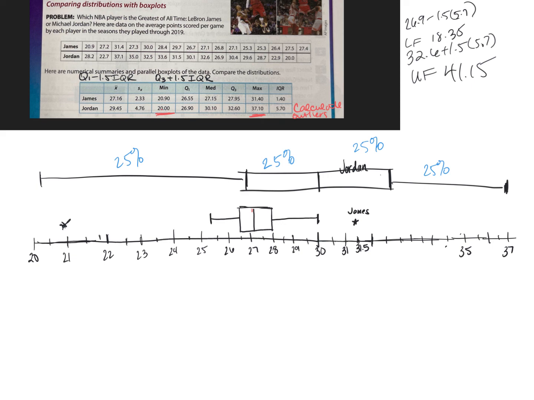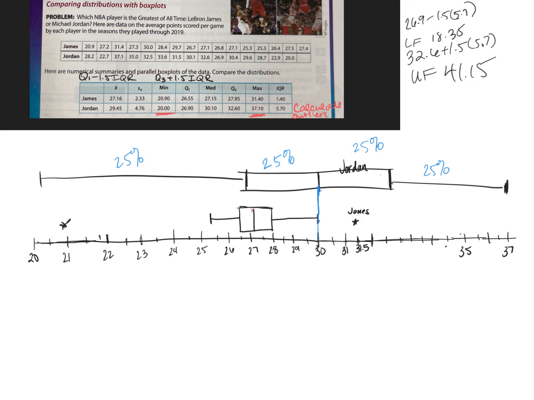What do you notice about comparing Jordan's graph to James's graph? Pick one of the 5 number summary values and compare it to something that's below it. For example, the median.